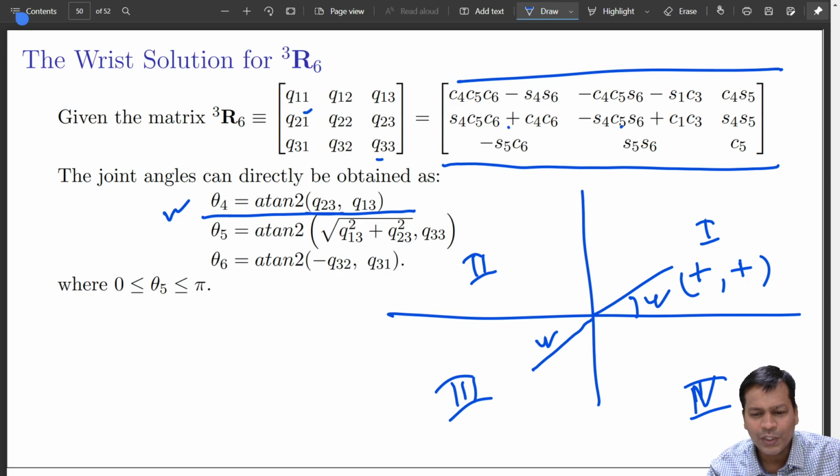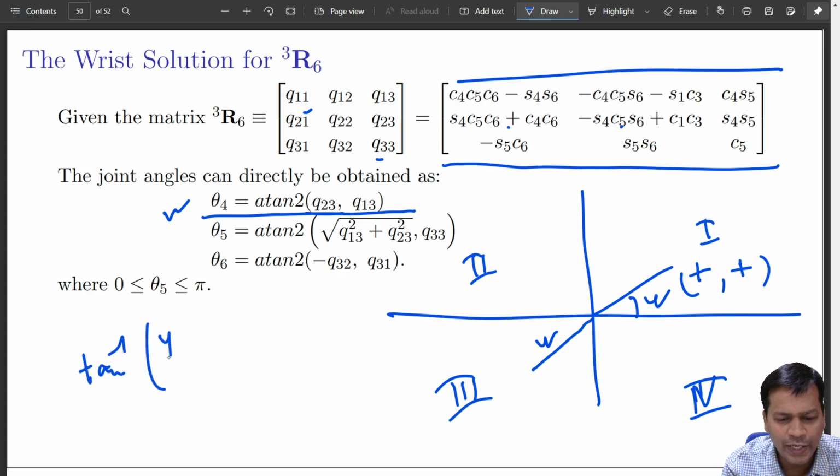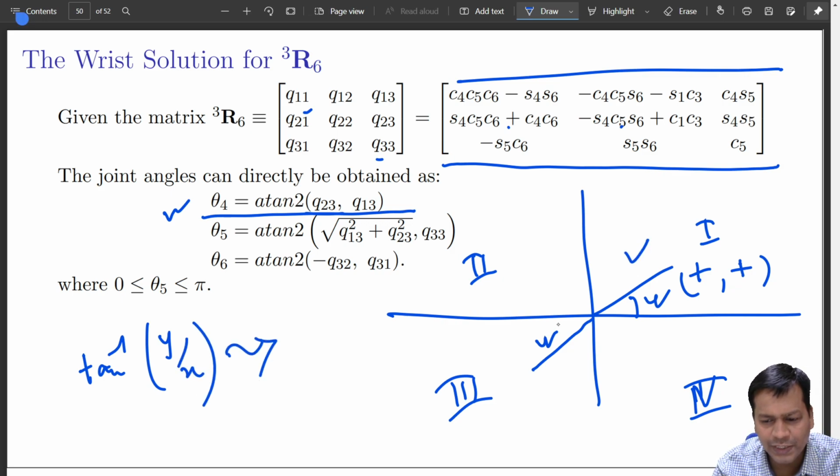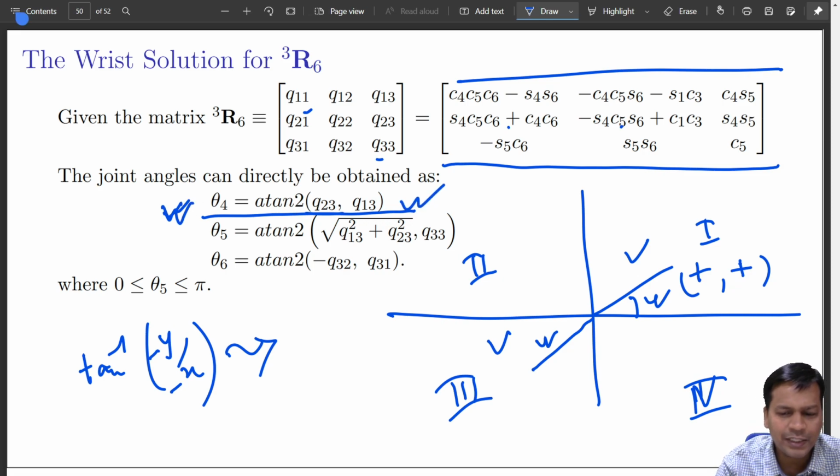It should not give you the same solution. Why? Because tan inverse of y by x will give you the same value, since minus minus will also give you the same value. That is eliminated by taking the atan2 solution. This is discussed in my earlier lecture, you can go back and see that.